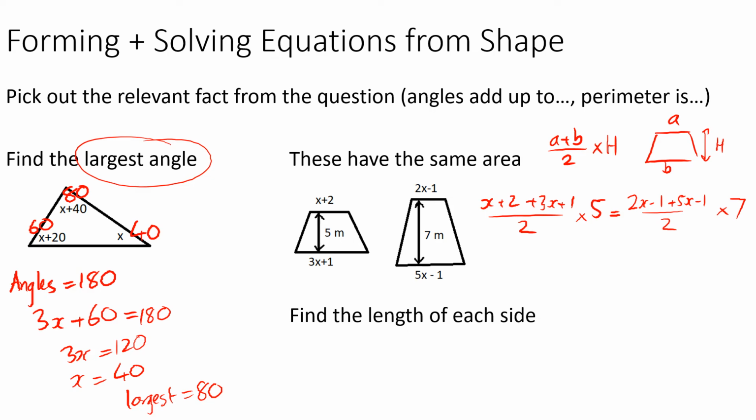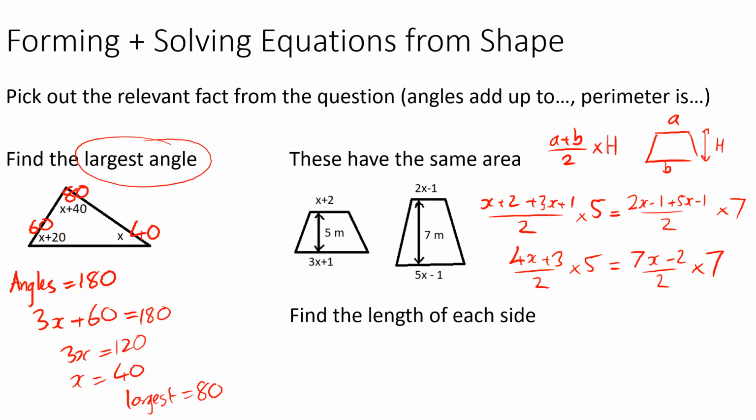Now that looks horrible, but we can try and tidy it up. So let's add the tops of our fractions together first. That's going to give us 4x plus 3 over 2 times 5 is equal to 7x minus 2 over 2 times 7. What would you do next? I might multiply first.